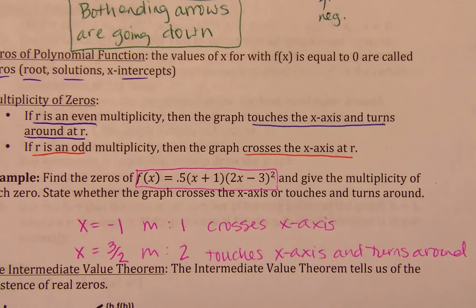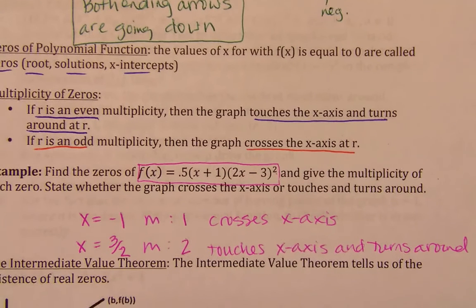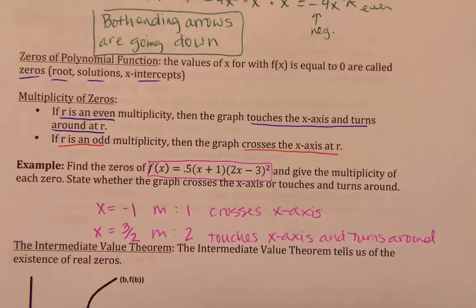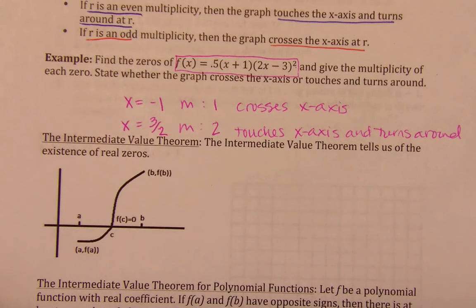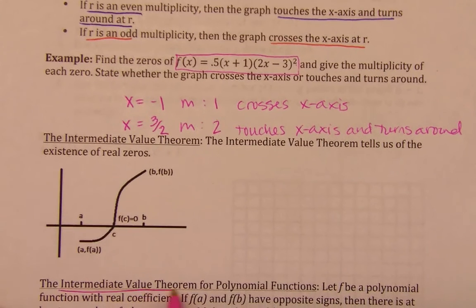Okay. Now this next thing right here is something that we won't use a ton in pre-calc, but it will be something that is useful for us in calculus. This is called the intermediate value theorem, or IVT.